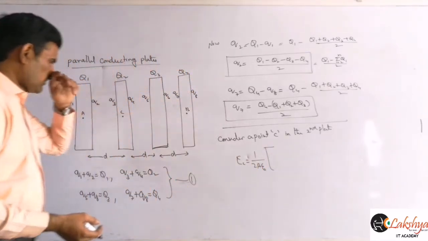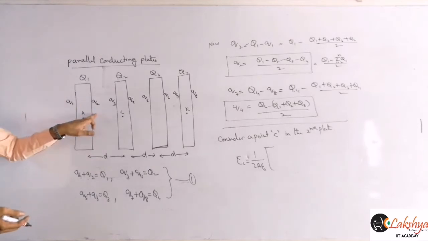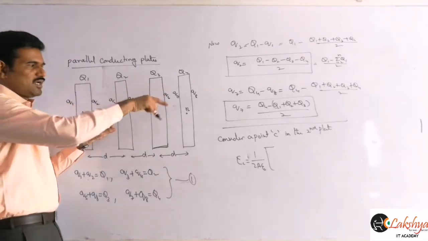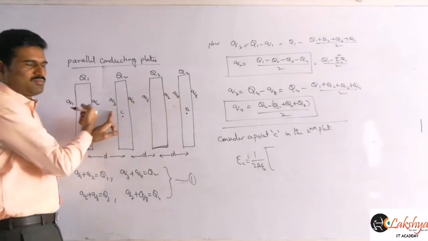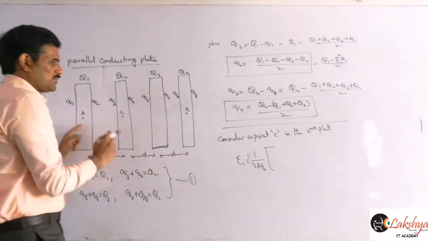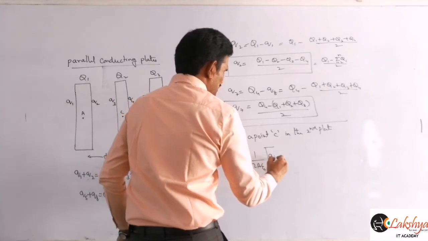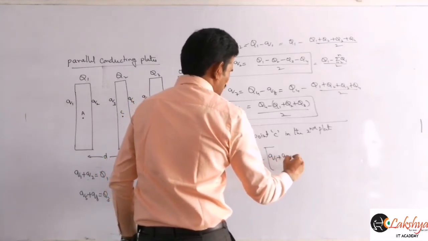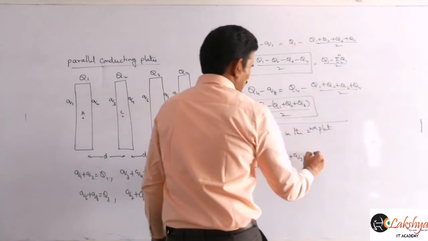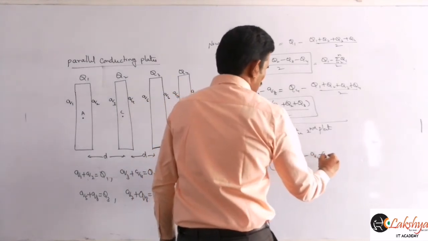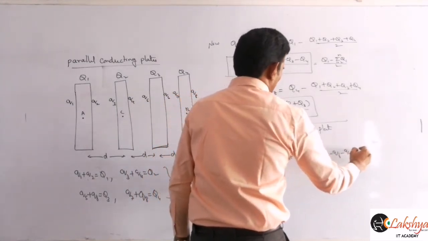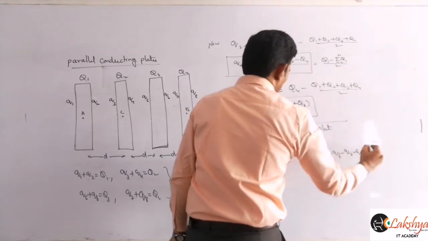So now the direction of the electric field due to this Q1, Q2 and Q3, all these three will be towards right, and these remaining charges will be towards left. So that we need to take the negative sign. So for these three we need to take the positive sign. So I am taking this as Q1 plus Q2 plus Q3. So remaining all negative: minus Q4 minus Q5 minus Q6 minus Q7 minus Q8. So this value will be equal to 0.